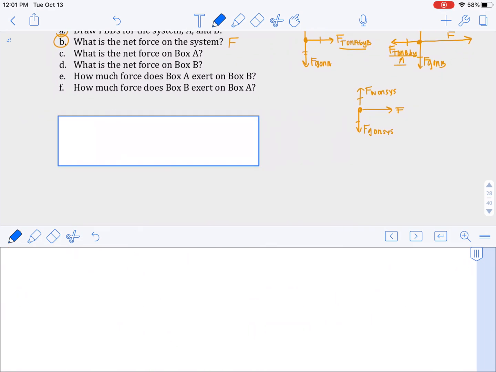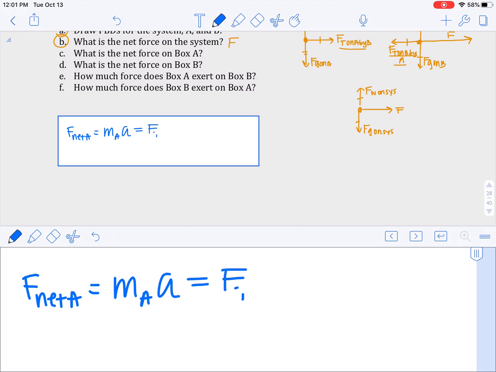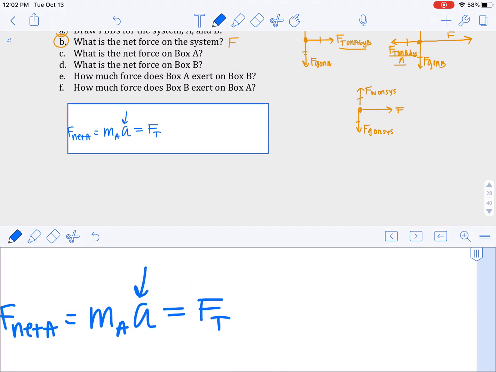So I'm going to write a net force equation for A, which will be the mass of A times the acceleration of my system, which will be equal to FT. So I want to figure out what FT is. I know mass A, but I don't know the acceleration of the system. Can I calculate the acceleration of the system using a different equation?